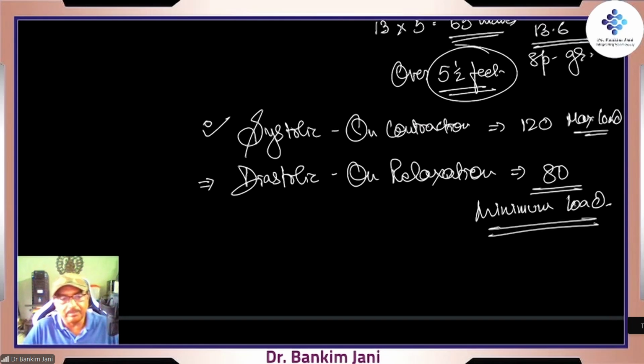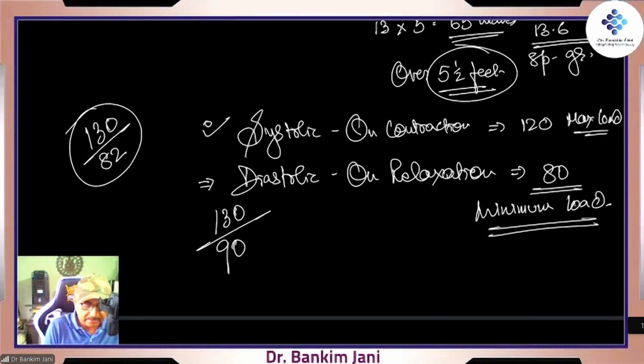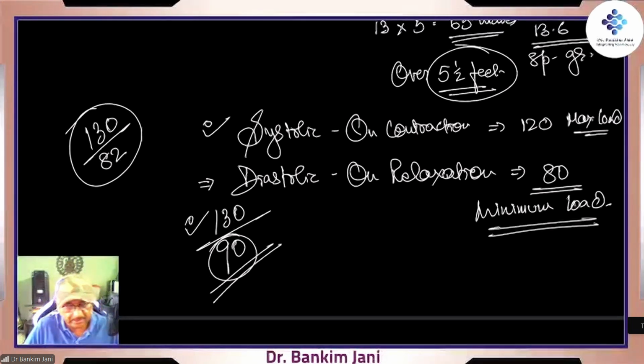When a hypertensive patient has a cup of coffee and the blood pressure becomes, say, 130 by 82, it's okay, not to worry much. But if someone's blood pressure is 130 by 90, this is more dangerous. Systolic keeps increasing and decreasing as per activity, what you drink, what you eat. But diastolic is dangerous.